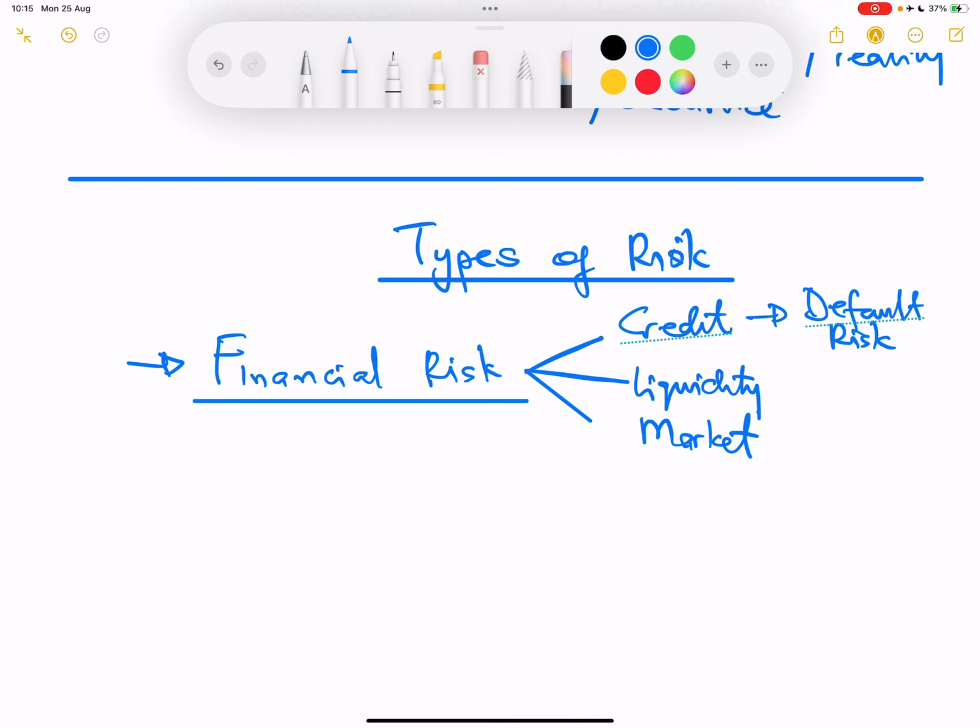When you have accounts receivable, you have a credit risk, and the risk is that your customers will default on their payment. So which means you might not be able to recover the value from your asset. So when you have an asset, you are exposed to credit risk. And liquidity risk is a risk that you might not have enough money to pay or to settle your obligation.